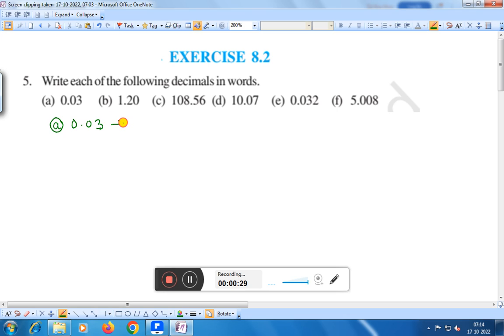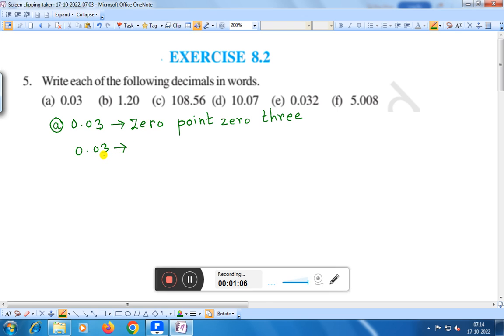The first method is you will read like this: zero point zero three, 0.03. This is one method, and the second method is, here you see the place value.